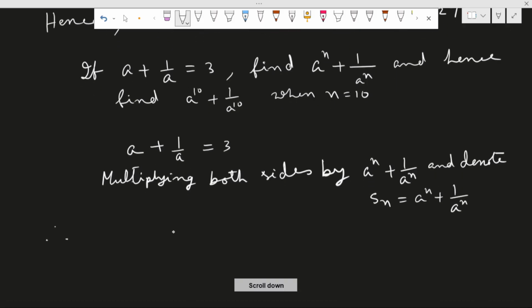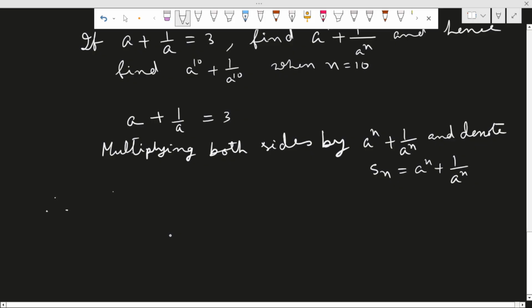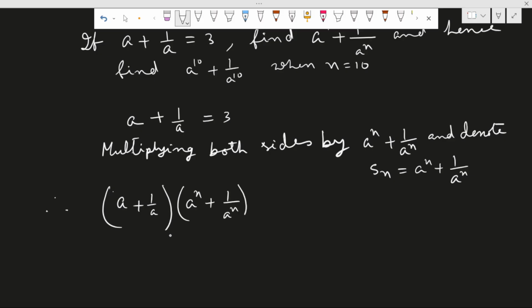Therefore, a plus 1 by a times a to the power n plus 1 by a to the power n is 3 Sn.